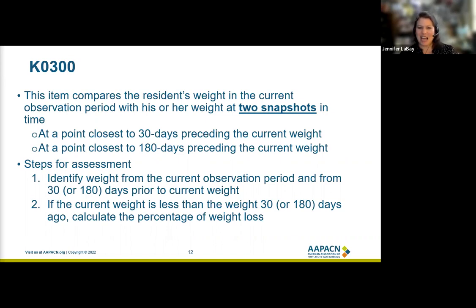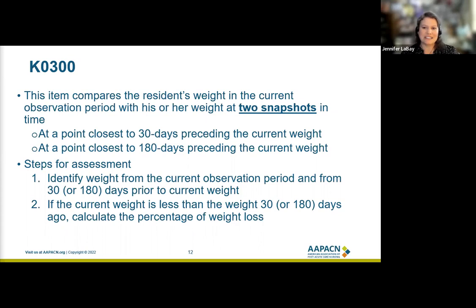And then the snapshot is looking at the point closest to 30 days preceding the current weight. It's not before, it's not after, it's closest. So there's a lot of wiggle room with this, unfortunately, and I think a lot of folks get confused with it. So our steps for assessment: you are going to identify the resident's weight at that point closest to 30 days preceding the current weight.